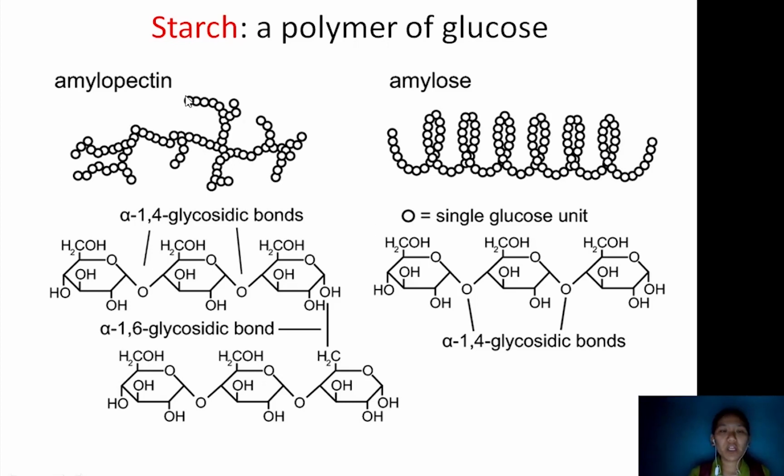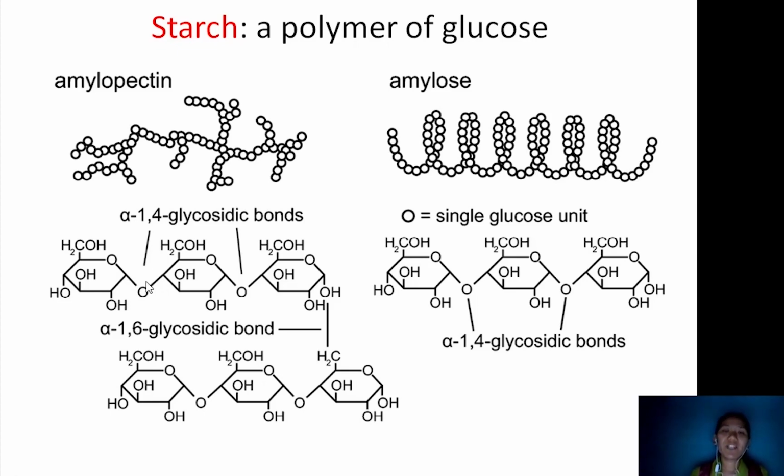Each sugar is bonded with another sugar by a glycosidic bond. So let us say this is one glucose, this is another glucose, and a number of them form a polymer of glucose. So the bond between one glucose and the next is called a glycosidic bond, and the bond formation we shall discuss in another topic.